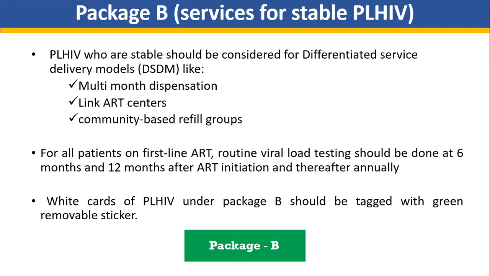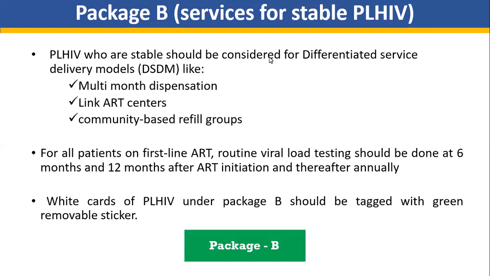We can provide such patient with the package B services, because Dr. Hemant, now this patient has come up with viral load suppression, target not detected, and is on ART for at least 6 months. So as per the criteria of triaging patients, if the patient is virally suppressed and is on ART regularly with good adherence, this patient now comes into the package B services, where we can consider this patient as stable since adherence is good and his viral load is target not detected.